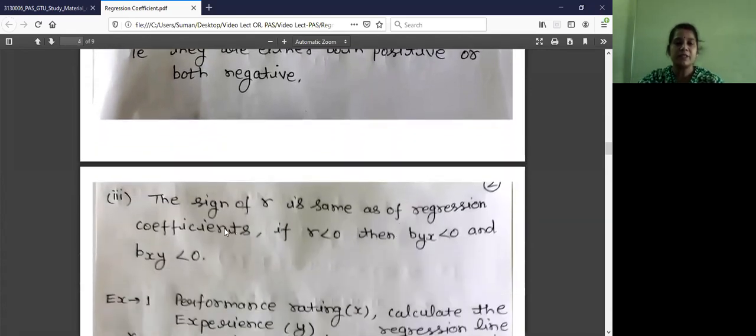The third property is the sign of r is the same as that of the regression coefficients. If r is less than 0, then byx is less than 0 and bxy is less than 0. Got it? So I will continue this topic in our next session.